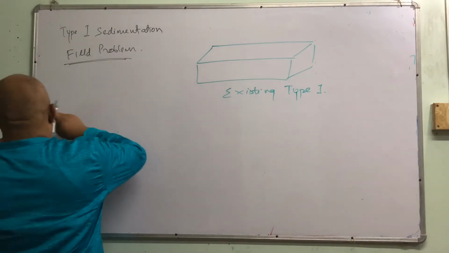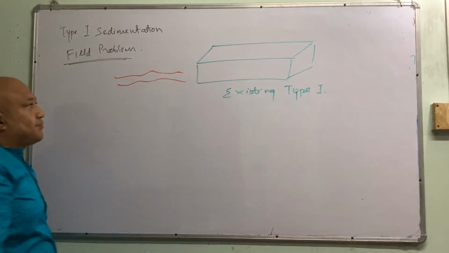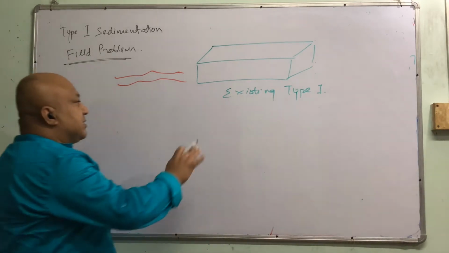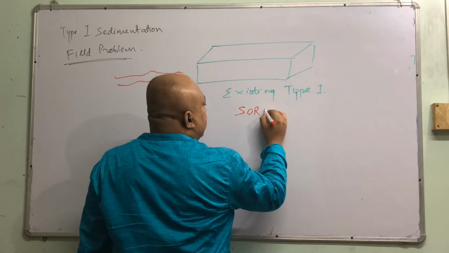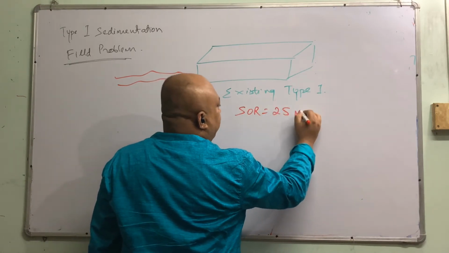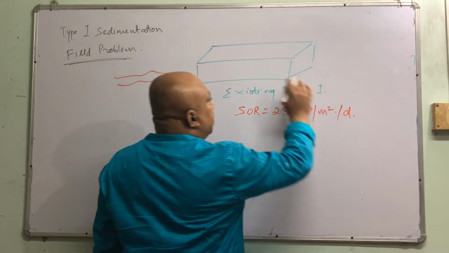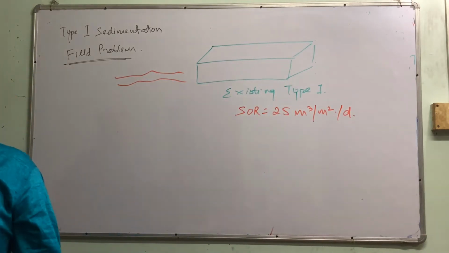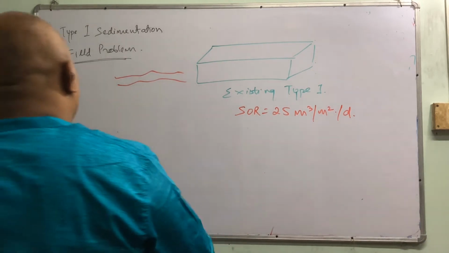Now, the water is coming every day like this. This existing one was designed with SOR equal to 25 meter cube per meter square per day.